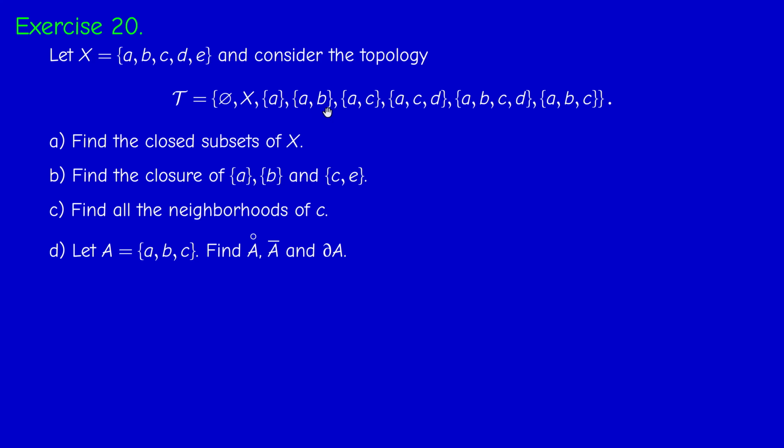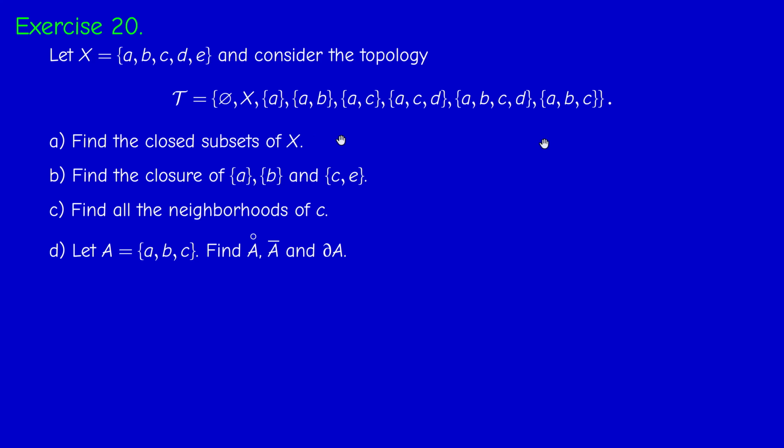You can try all the combinations, there are so many of them. But note that if I didn't include ABC in the collection, then this wouldn't be a topology, because it would not be stable under unions. Here everything is finite, so there's no need to worry about infinite unions.